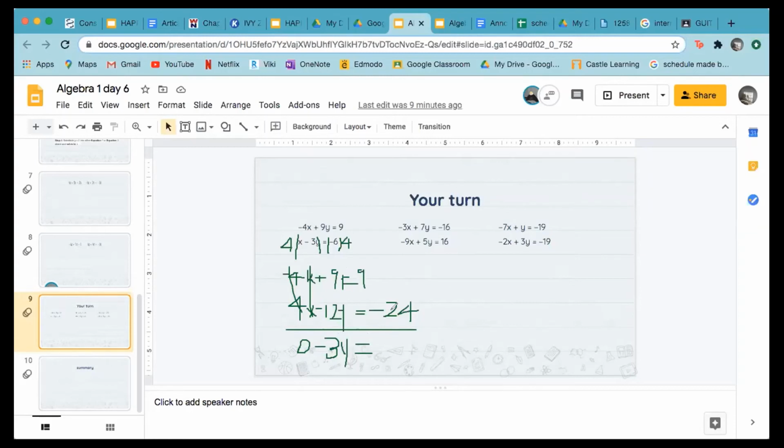Negative 15. Yep. And then how do you isolate y?